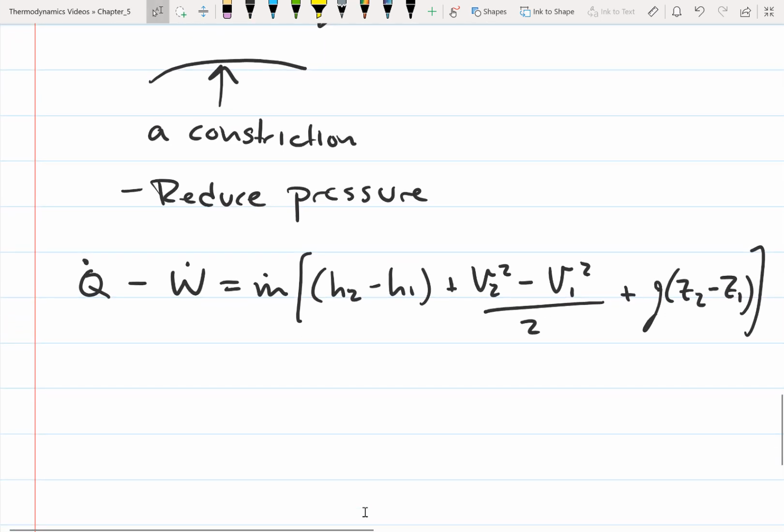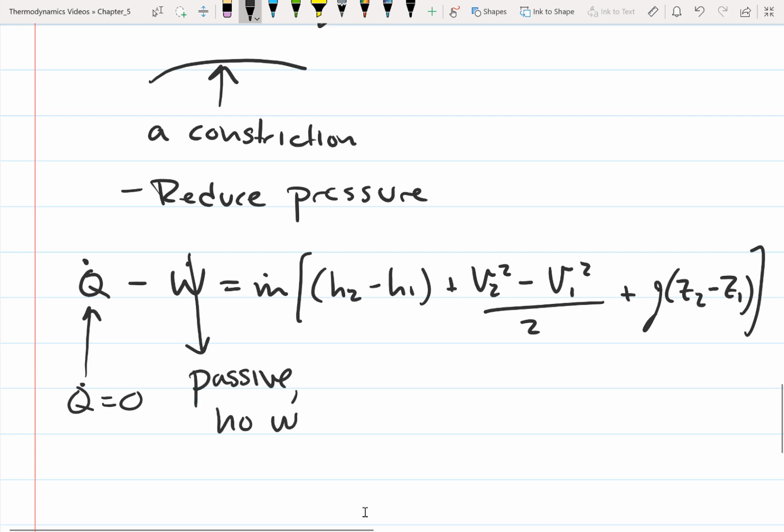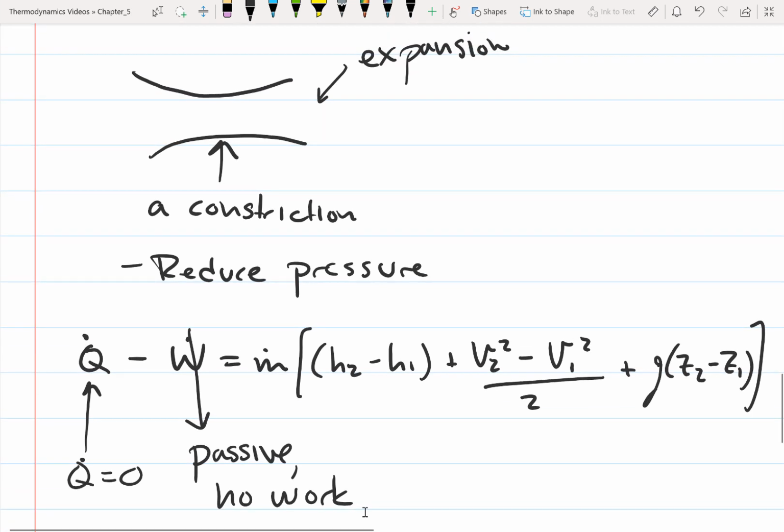So let's figure out what our terms are. Often these are well insulated, so we can often say that Q is 0. They're passive devices, so there's no work. The velocity going in is basically the same as the velocity going out, so this term is 0.